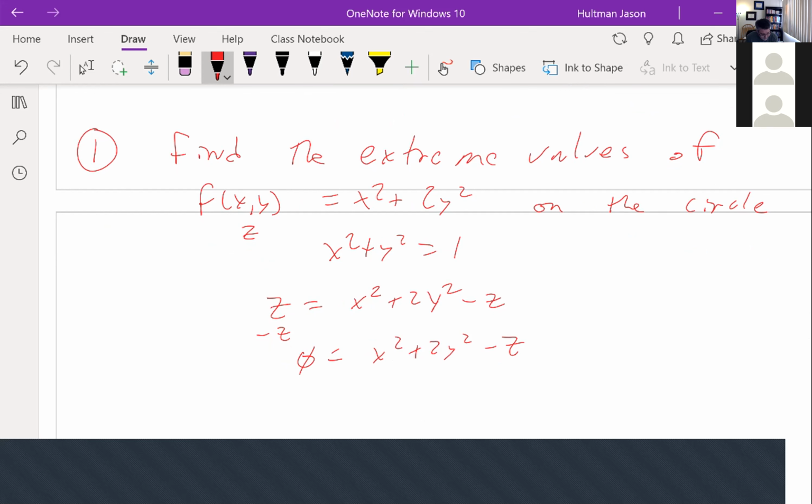And then in this case, if this was g of x, y, z, well, what is z? Z is 0, right? In this case here, z is 0.